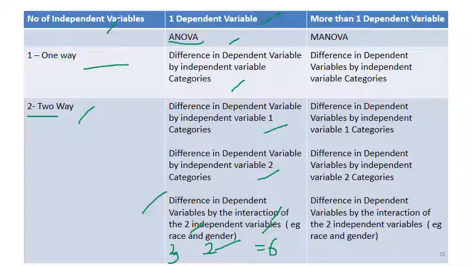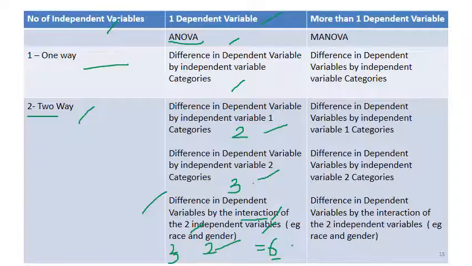So here we are looking at whether there's a difference across 2 categories, let's say gender, and here across 3 categories, let's say race. But here we're looking at the difference between 6 categories, which is what you usually call the interaction. So we are checking 3 hypotheses when we do a two-way ANOVA.